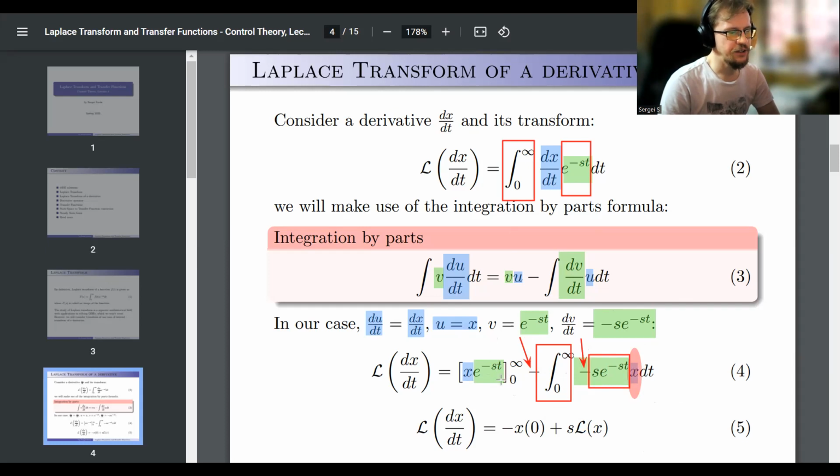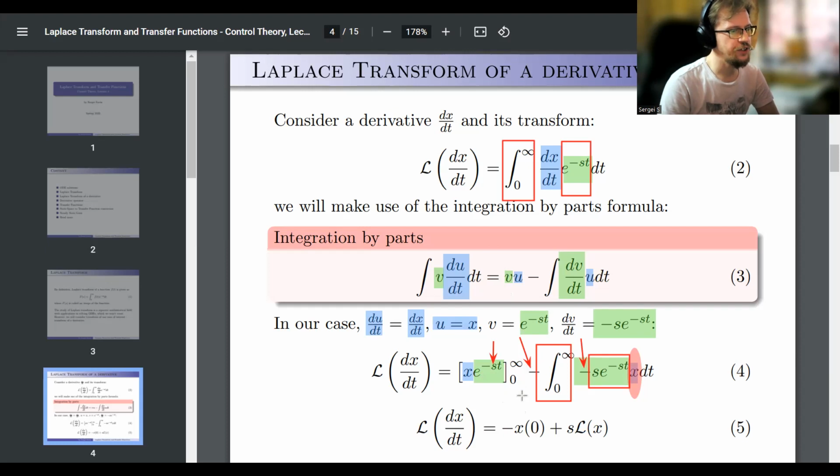Let's look at this component for a second. When we substitute 0 here, we get e to the power 0, which is 1. When we substitute infinity here, we get e to the power minus infinity, which is 0.